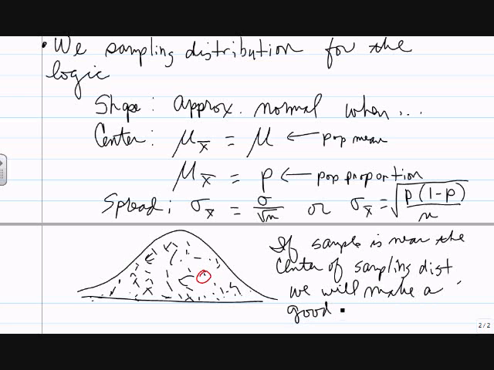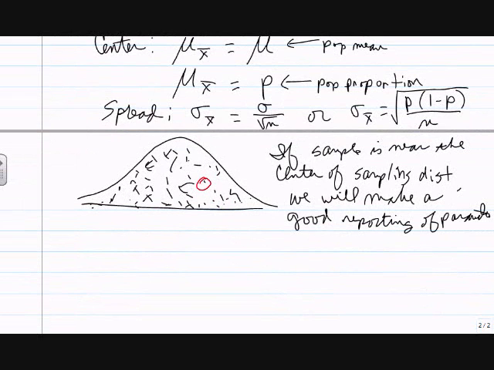So we'll make a good reporting of that parameter. But maybe I happen to pick one of these samples way out here. If the sample I get is not near the center of the sampling distribution, I am going to make a false report. Not near center.